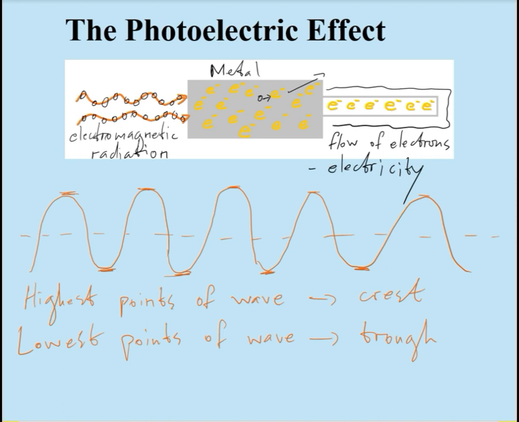Now the wavelength is the distance between successive crests or troughs. We use the Greek letter lambda for the wavelength.